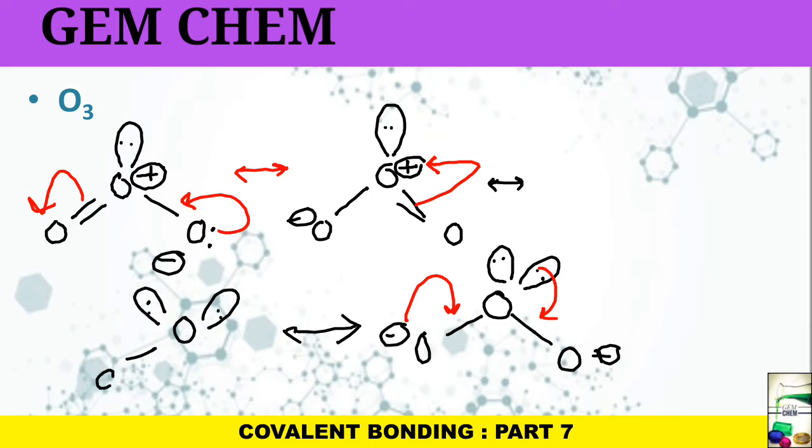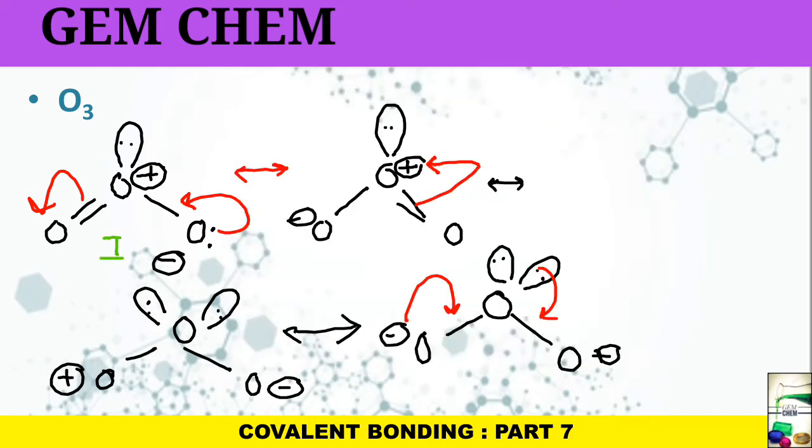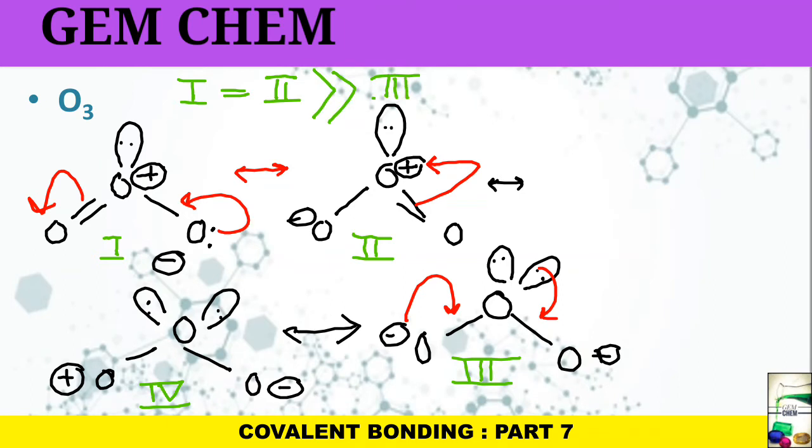Here will be our positive charge and here will be our negative charge. If we number the structures, it will be 1, 2, 3, 4, right? The contribution of 1 will be similar to 2 because the number of covalent bonds is the same, whereas for 4 and 3 the number of covalent bonds is much lesser, so they will have the least contribution, right? So these are 1,3-dipolar structures.